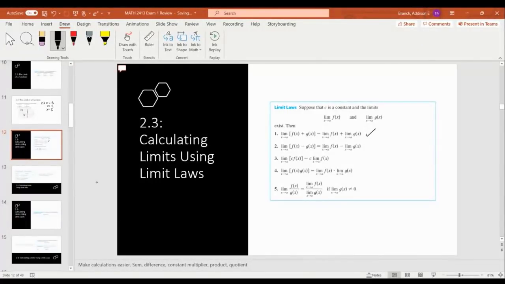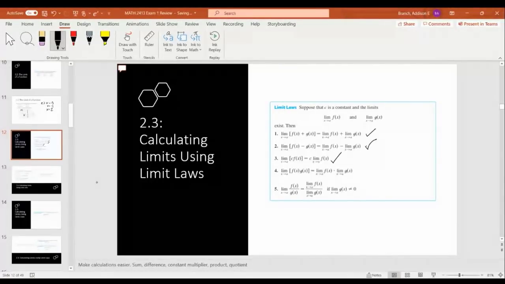Our difference law works the same way. If you have an equation with a subtraction symbol, you can split that apart into separate limits. Our constant multiplier law says if we have a constant multiplier within the expression we're taking the limit of, we can pull that out in front and then multiply at the end.